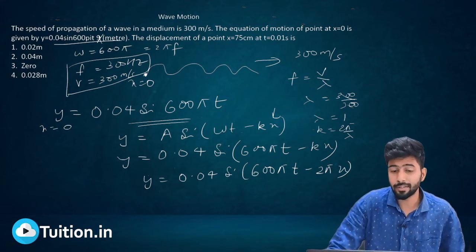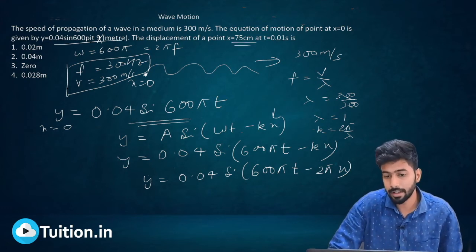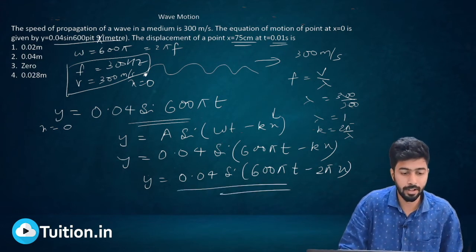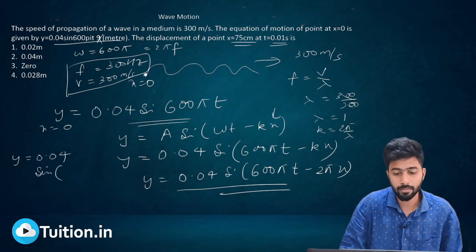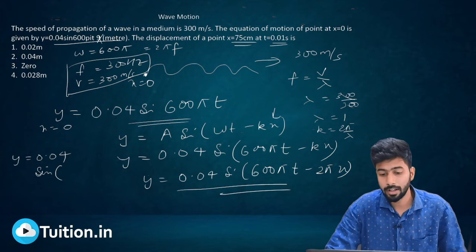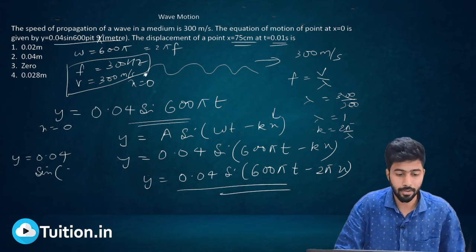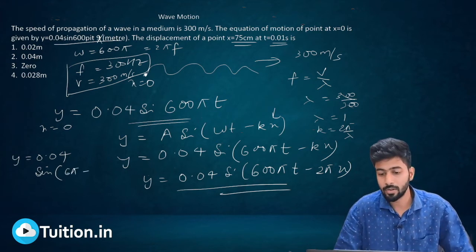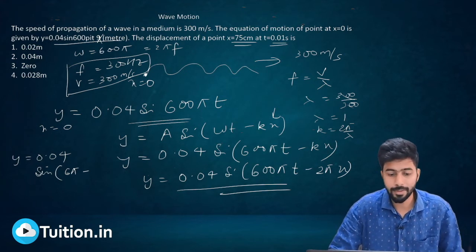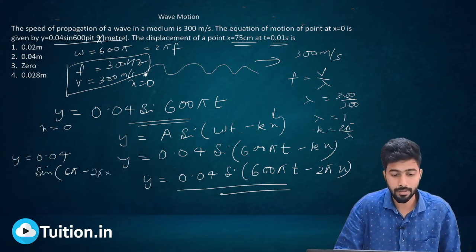Now you need the displacement of a point at x equal to 75 centimeters and t equal to 0.01. Just put these two values in this, you'll get the displacement. So y equals 0.04 sin(600π into t, 600 into 0.01, which will give you 6π, minus 2π into x). X is given to you as 75 centimeters, so it's 2π into 75 by 100, which is 1.5π.